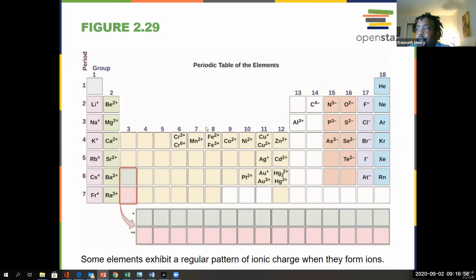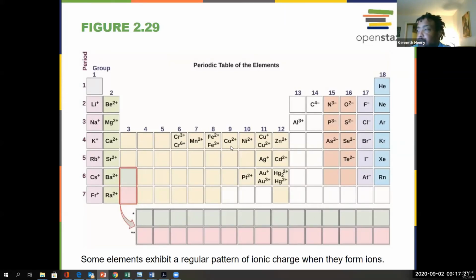When we get to the transitional metals, remember I told you they were a hot mess? These are the ones that are most commonly seen. For chromium, we have 3+, we have 6+, but it can also be 2+. Manganese, 2+. Iron, 2+, 3+.